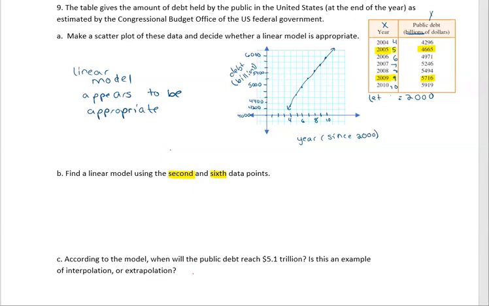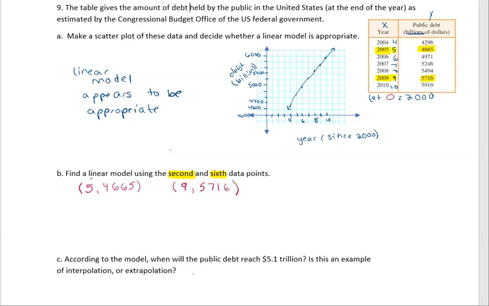And so if we write out what we have, our first data point is 2005. With 0 equaling 2000, that means that we would have 5 and 4,665. Then our sixth data point would be 9 and 5,716. So these are our data points.